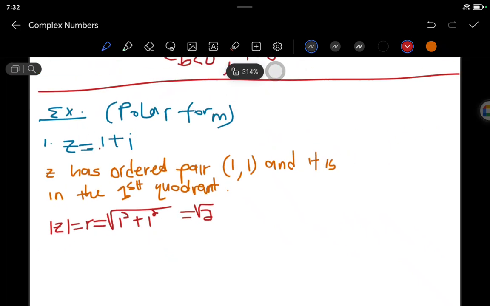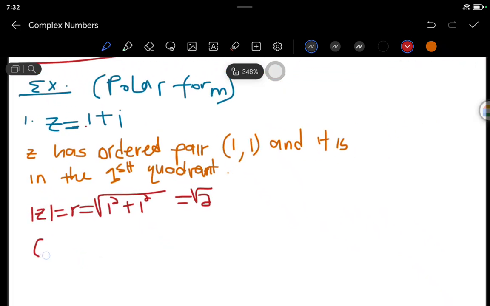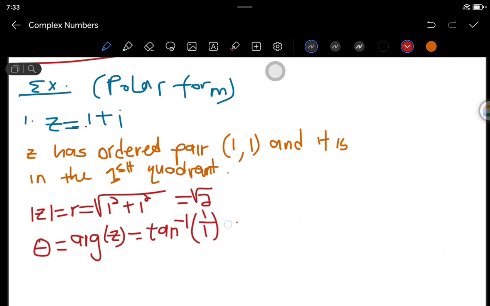Now we come and find the angle. This is just going to be the arg of Z, which is equal to arctan. It's in the first quadrant, so for the first quadrant we use this formula, 1 over 1. And here arctan 1 is just going to give us pi over 4.